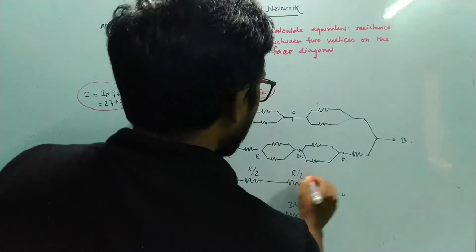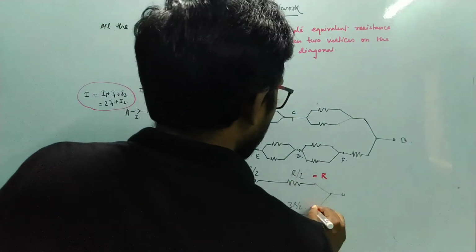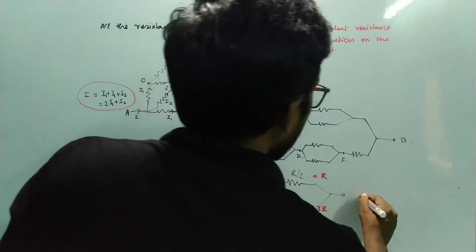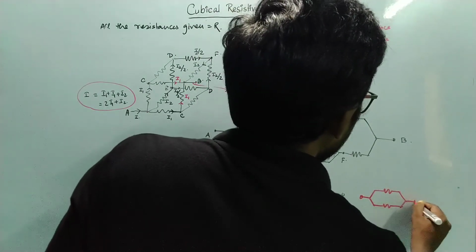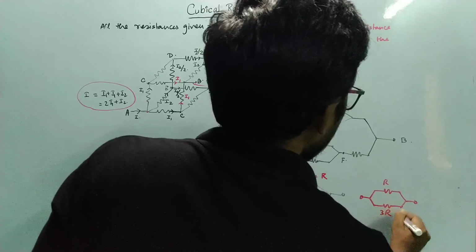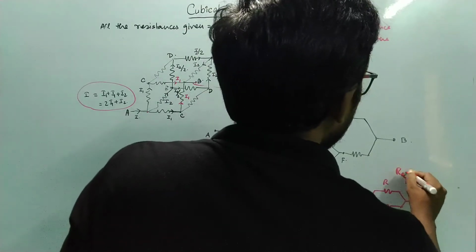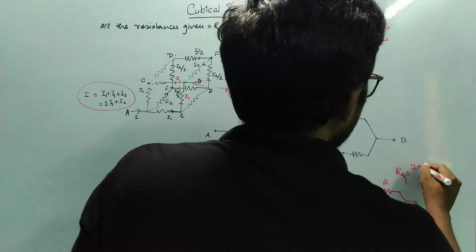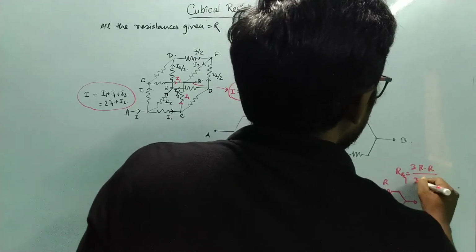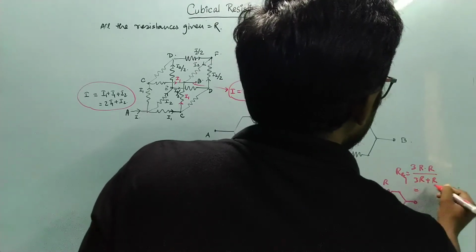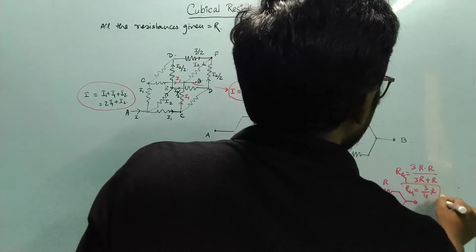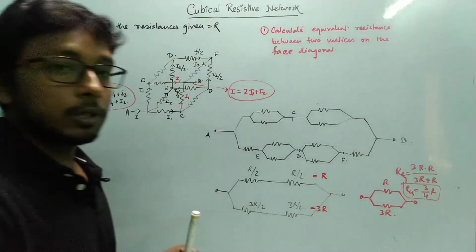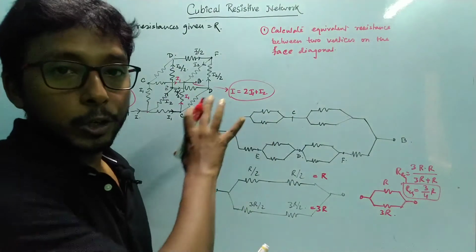So R equivalent is equal to 3R into R by 3R plus R, that is equal to 3 by 4 R. So this is my second problem regarding the cube.